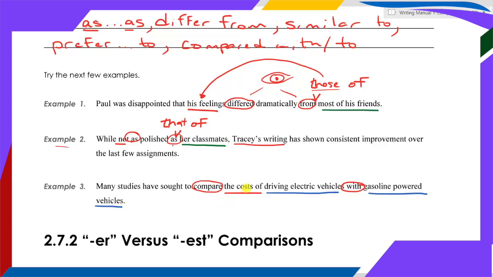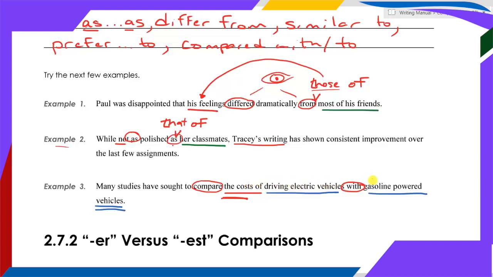Can we compare the costs of driving electric vehicles to the gasoline-powered vehicles themselves? No, that's not a fair comparison. We can't compare costs to a vehicle. So what we would need to do is compare costs to costs, or just vehicles to vehicles.